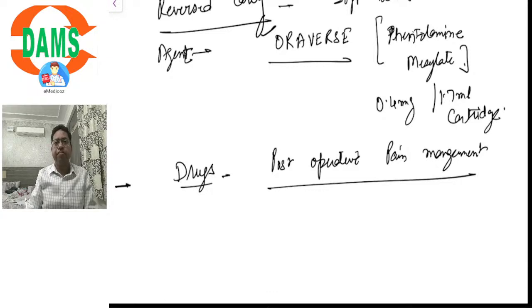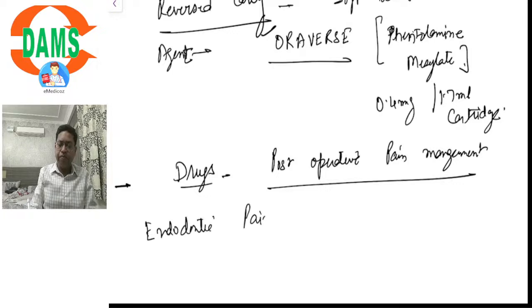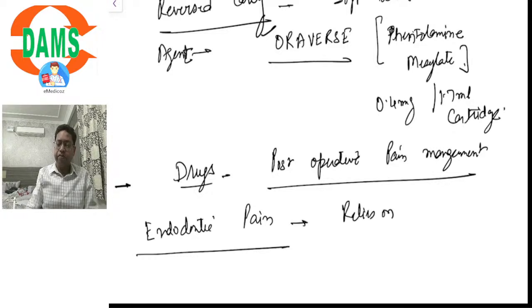So basically endodontic pain control relies upon three Ds.